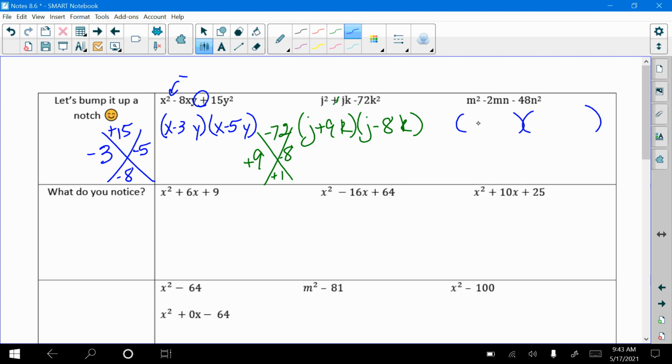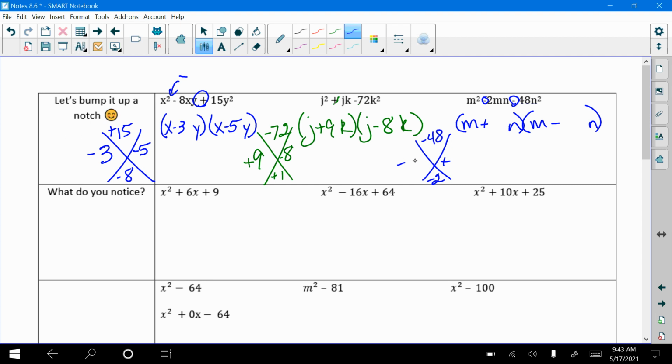Next one, I've got M and I've got an N. Factors of negative 48 that add up to negative 2. Different signs, so plus and minus. My bigger one is negative. So negative, positive. 48. I can do 1 and 48, 2 and 24, 3 and 16, 4 and 12, 5, no, 6 and 8.